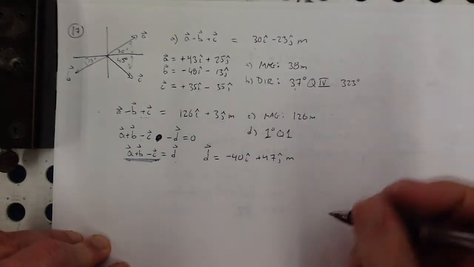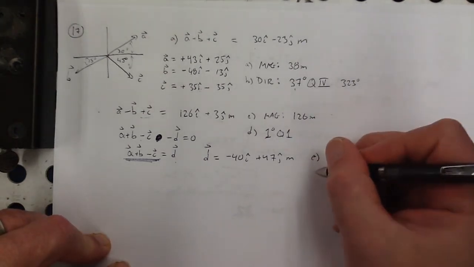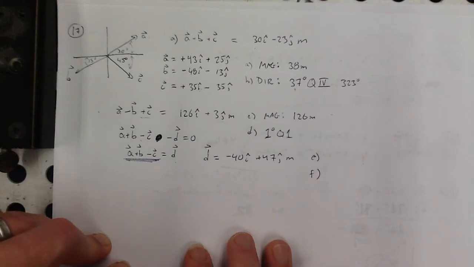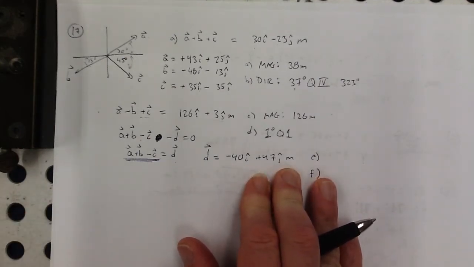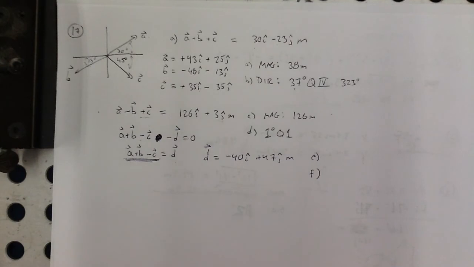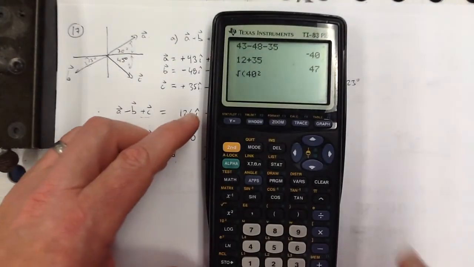And then for the answers for E and F, we want the magnitude and direction of this, right? Yep. Okay, so I need to Pythagorize those. 40 squared. I'm never keeping the negative sign when I'm Pythagorizing, right? Here's a rookie mistake.